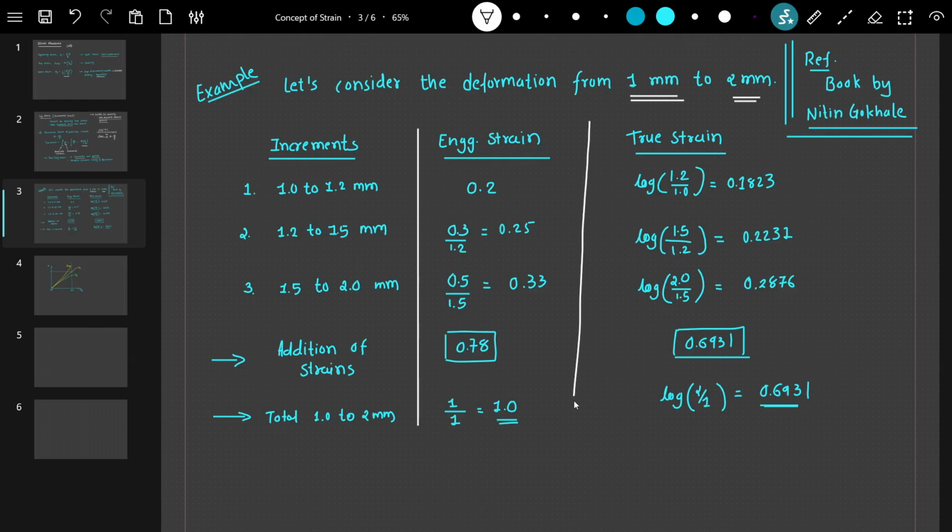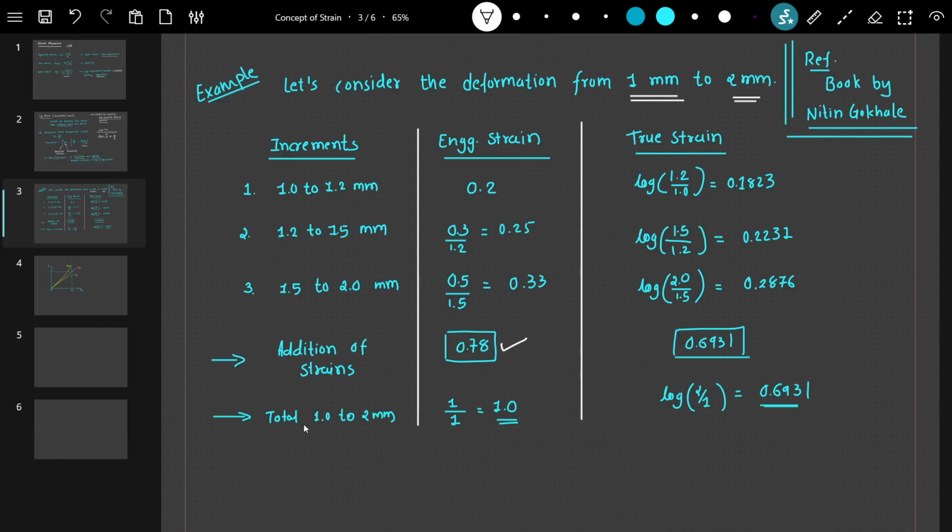If we capture both engineering strain and true strain, for the first increment it is 0.2, right? So the difference of length divided by original length, 0.2. For the next increment it's 0.25, and the third increment is 0.33. When we add all these incremental strains, the engineering strain measure gives us 0.78.